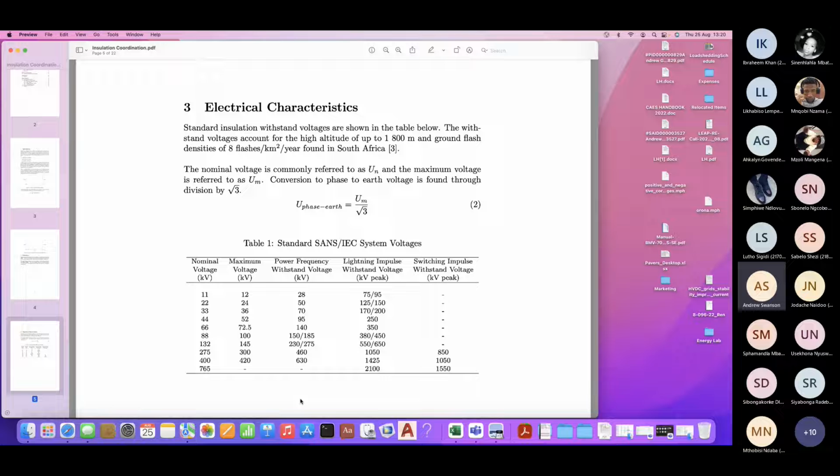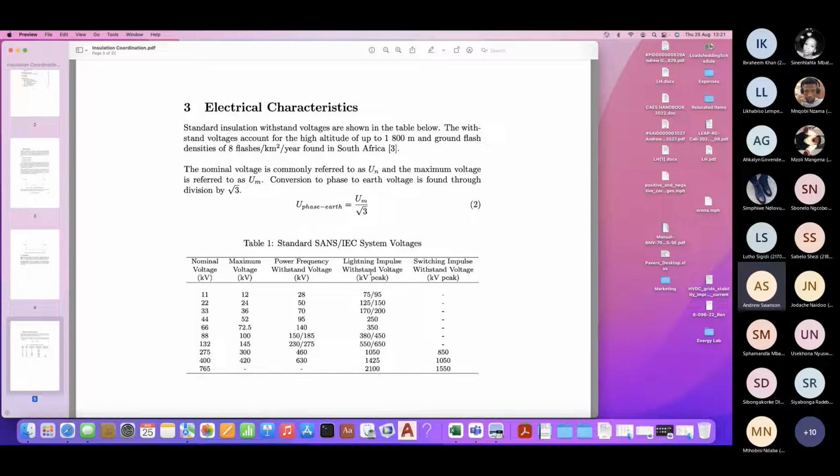So it's the voltage that the piece of equipment can handle either phase to earth or phase to phase, but that would be phase to earth for an insulator, for example, an outdoor insulator.